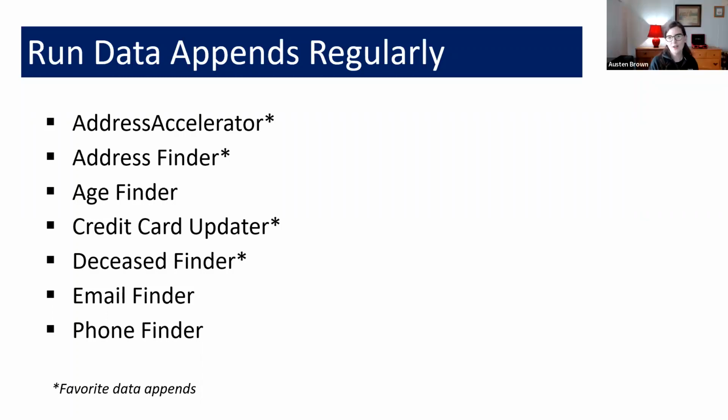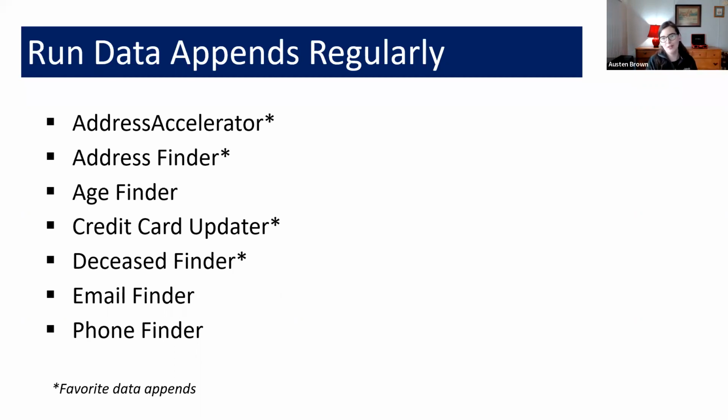So Address Accelerator is validating your addresses. It's adding the extra 4 digits onto a zip code. It's giving you a county, and it's giving you some postal field information as well. But really, it will either return with, yes, this succeeded, it's a true address, or no, there's a failure, and it will explain why.